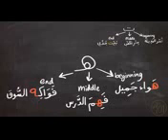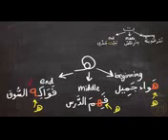Again, a slight difference for the ha when it comes at the end of the word, but it is still pronounced as a ha in every single position, including the one at the end of the word, whether you stop at the word or you keep on reading. So we said فواكه, and we also said فواكه السوق. It was still a ha.